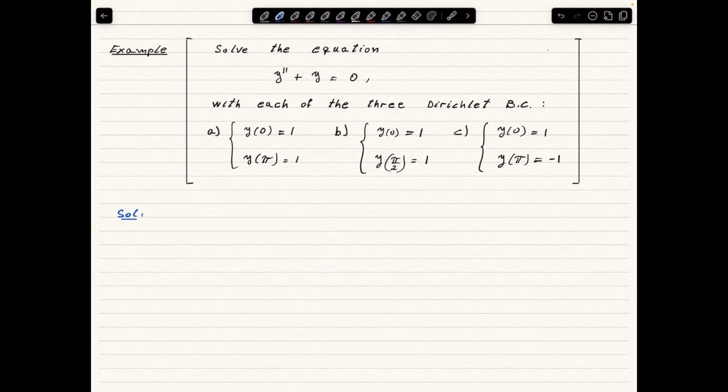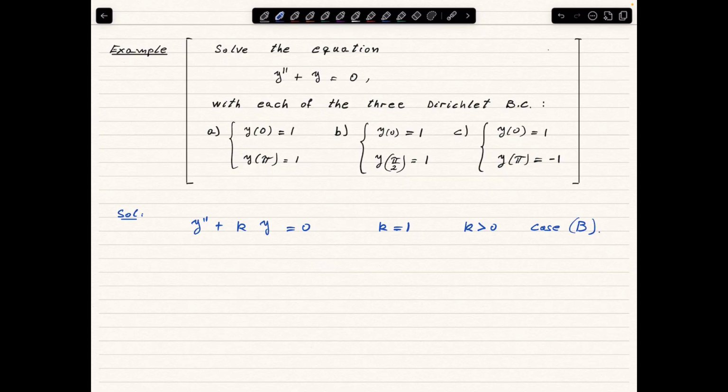So how do we solve this problem? Let's notice that this is the equation. This is an equation of this form, where k is actually equal to 1. So we are in the case k positive, and therefore case B in the theorem, which is the interesting case.